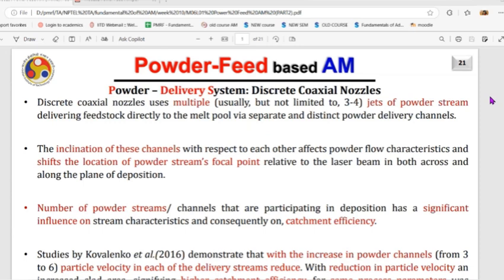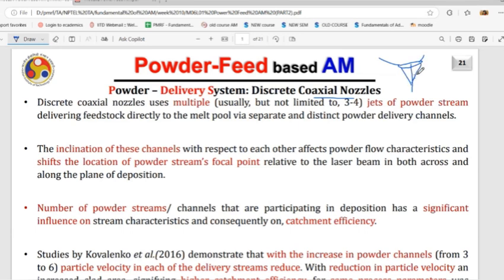I also have the same Mentimeter questions from the previous class on electron beam based wire AM and powder feeding AM. So let's first start with powder feeding AM. In powder feeding technology, my powder is coming through coaxial nozzles in which the laser comes centrally, and the powder comes through circumferential slots.